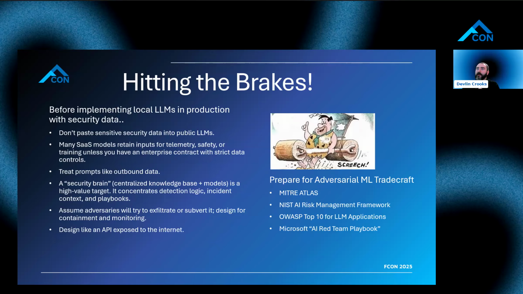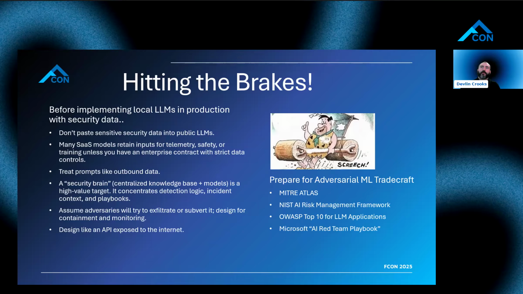Design for containment and monitoring. It's great to have a little prototype, but if you actually mature some of this, you want to make sure you prepare for adversarial tradecraft. MITRE ATLAS, NIST, and AI risk management frameworks are a few sample frameworks you can use as general guidelines to start securing your local AI space.